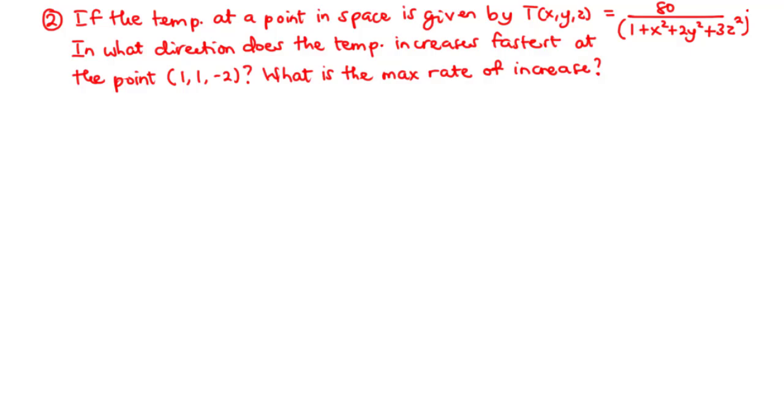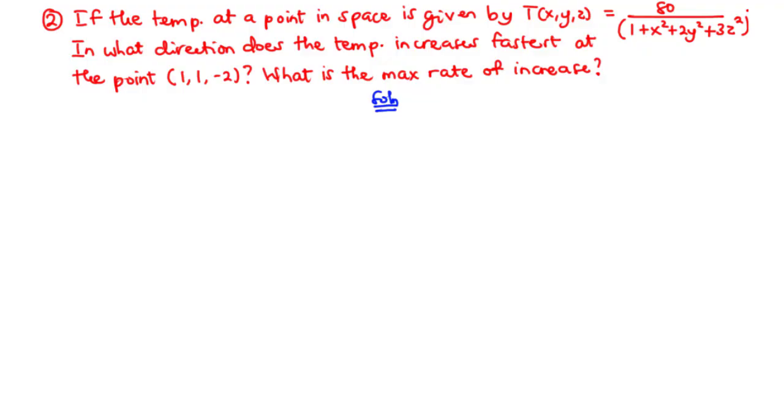For example 2, if the temperature at a point in space is given by this function, in what direction does the temperature increase fastest at the point 1, 1, -2, and then what is the maximum rate of change? From the previous example, we can conclude that the temperature increases fastest in the direction of the gradient vector.